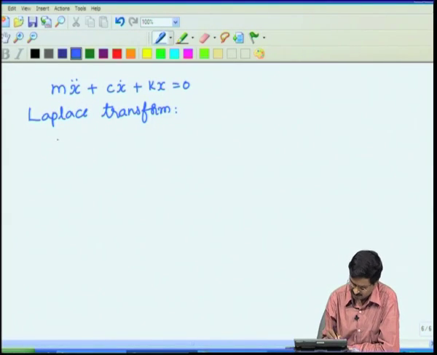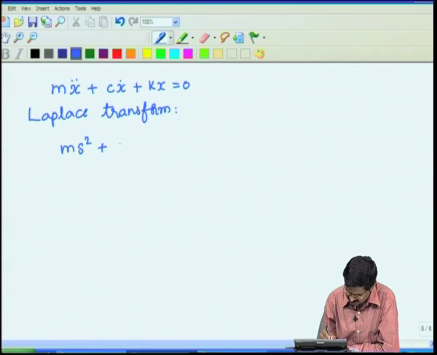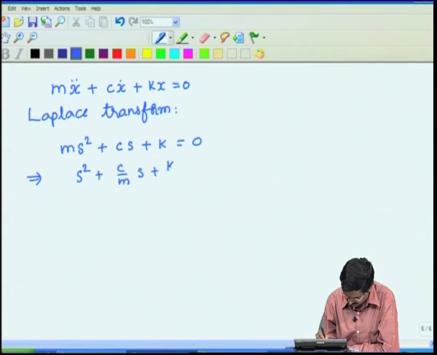If I take Laplace transform, then I will get this as m s square plus c s plus k equal to 0, or I will try to make this just s square by dividing by m, s square plus c by m s plus k by m equal to 0.